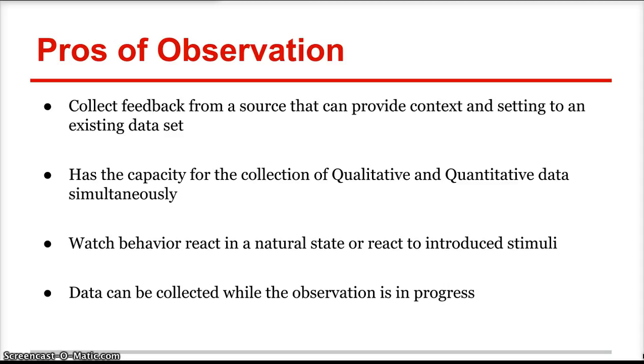We can collect feedback from a source that can provide context and setting to an existing data set. What I mean by that is if we have already started collecting numerical or quantitative data, we can go back and do observations on a classroom and provide some context for those numbers.